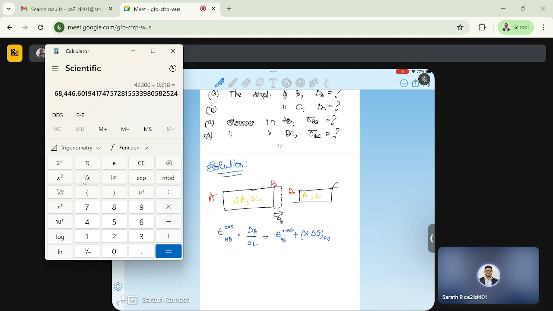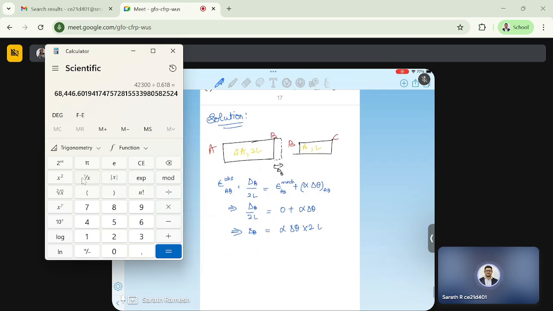It's zero because there is no load applied. So mechanical strain is equal to zero. So epsilon AB, which I'll write directly as delta B by 2L, is equal to 0 plus alpha delta theta of AB. So delta B, displacement in B, is equal to alpha delta theta times 2L.